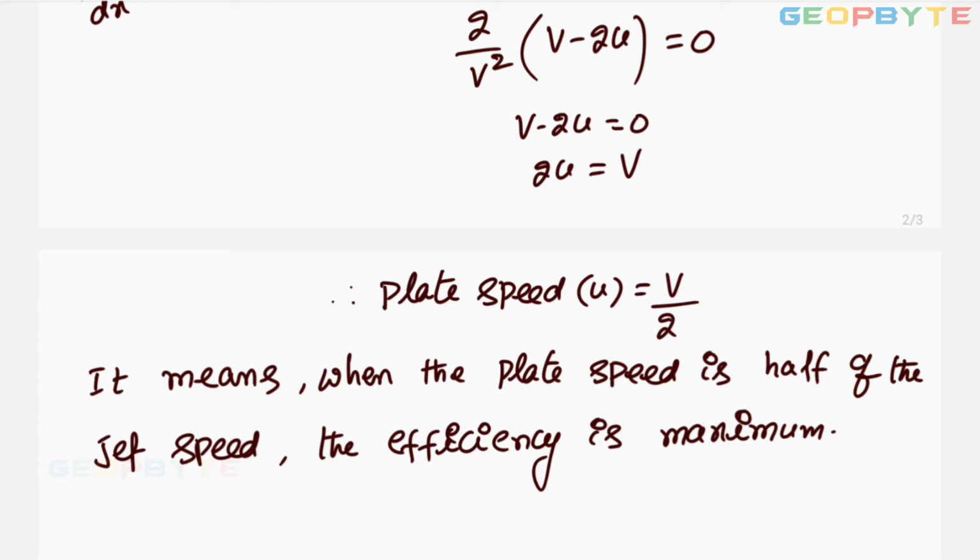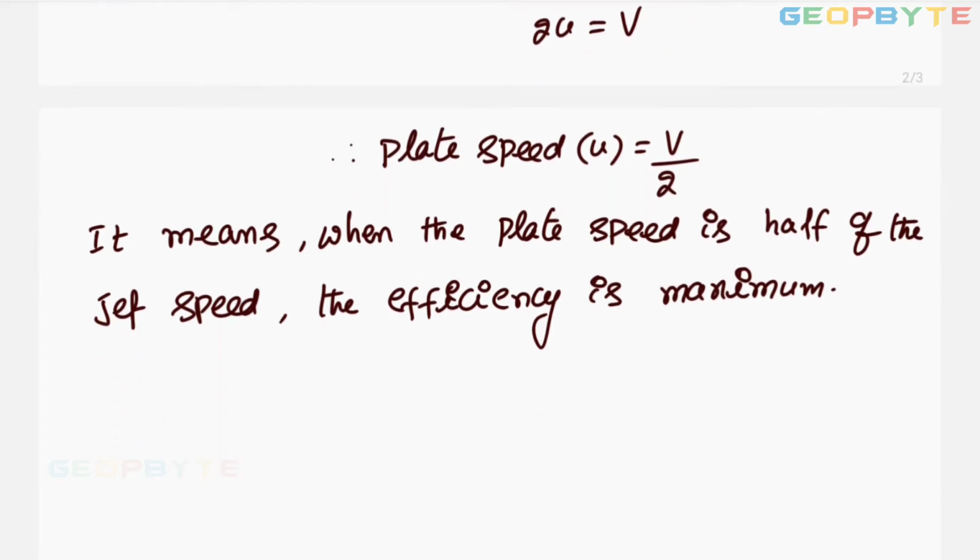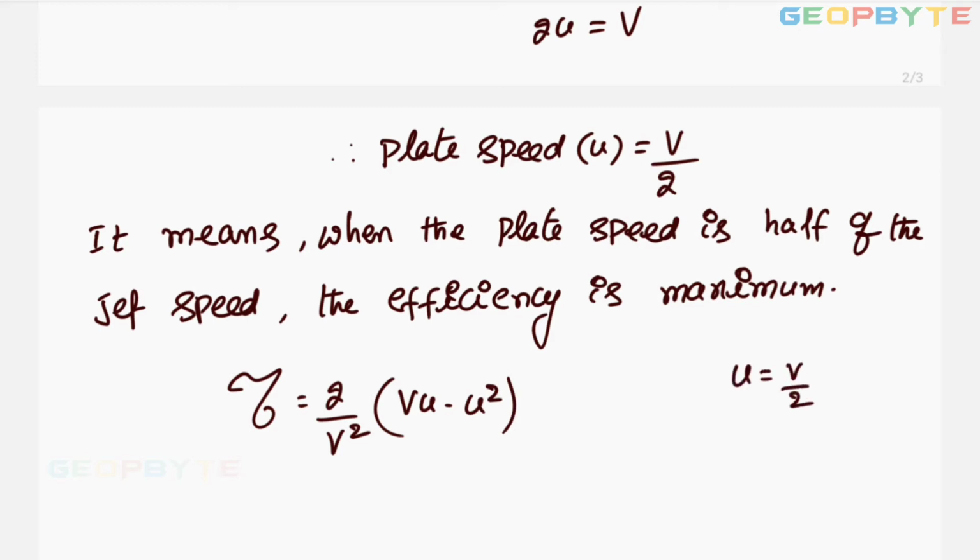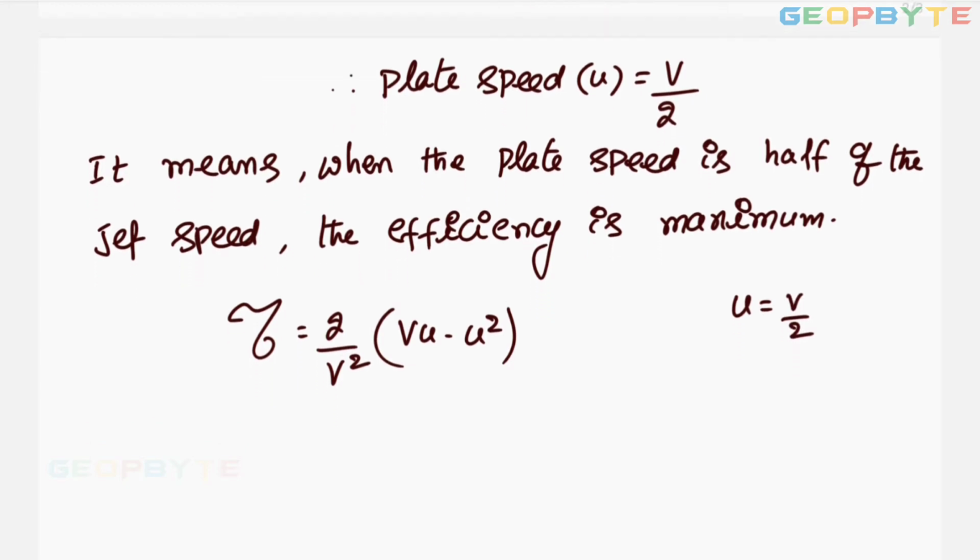You know the efficiency formula, 2 by V square into Vu minus U square. Efficiency is maximum when U equal to V by 2.